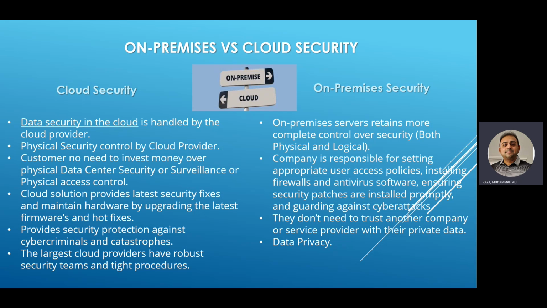Cloud solutions also provide the latest security fixes and maintain the hardware by upgrading to the latest firmware and hot fixes. However, in an on-premises environment, we are involved from day one, from the very sketch till the operations. Any firmware upgrade or hardware life cycle management, whether it's end of life or end of sale, we definitely need to take care of in an on-premises environment.